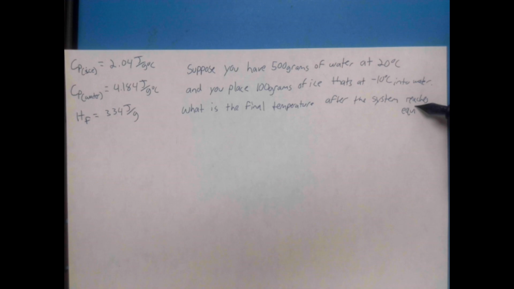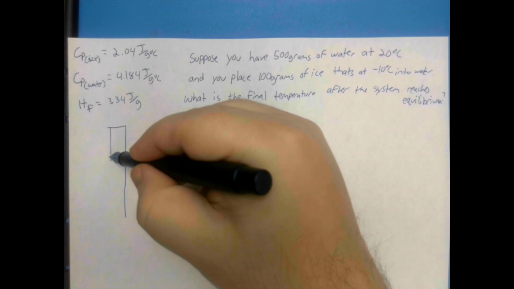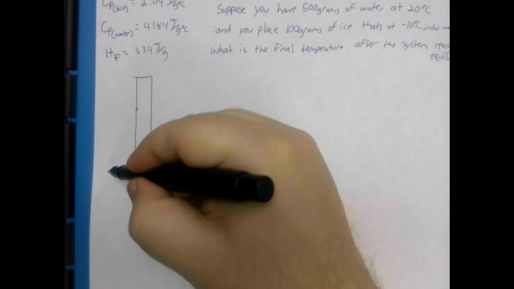So how would you solve it? We're basically starting out with, on one side of the spectrum, negative 10 degrees Celsius ice, and we have 100 grams of ice.